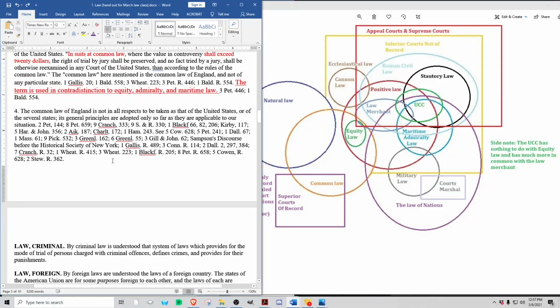So number 4, the common law of England is not in all respects to be taken as that of the United States or of the several states. Its general principles are adopted only so far as they are applicable to our situation. So again, what does that mean? The common law of England is not in all respects to be taken as that of the United States. Why? Because they're not sovereign. We are. Or of the several states. Why?